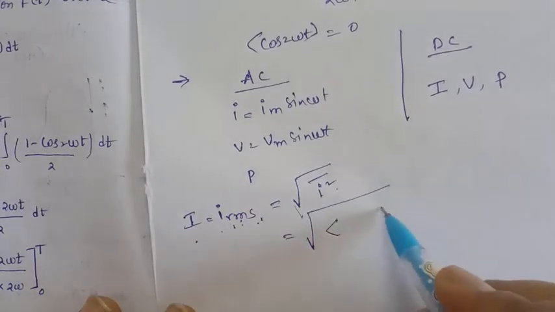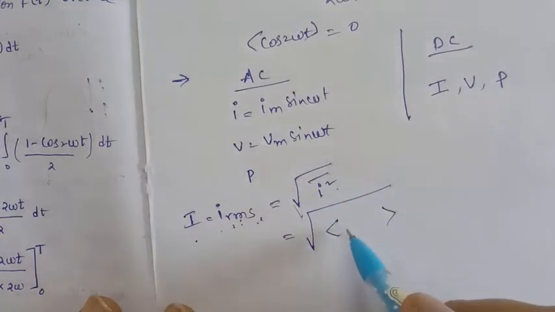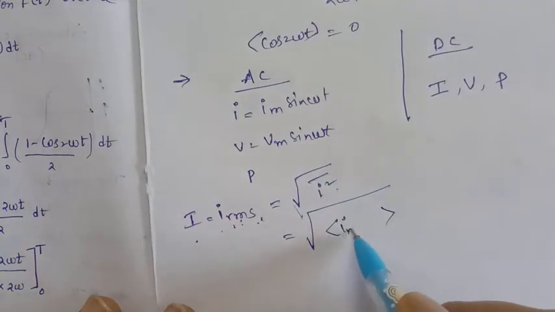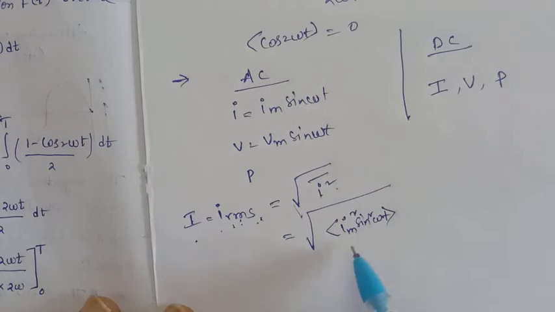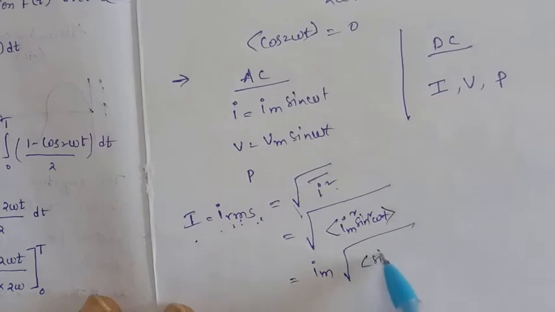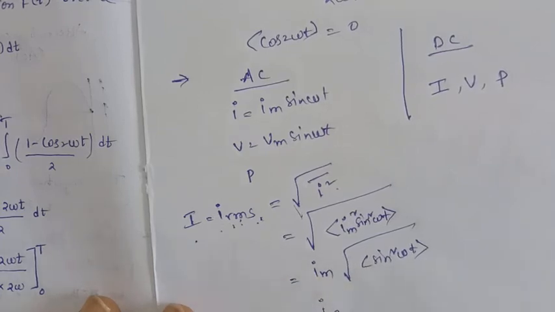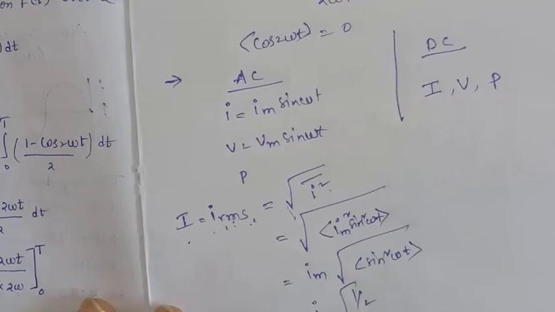Mean means the notation for average. I square means I is equal to Im, so Im square sine square omega t. Within the root, Im will be taken out, and it becomes Im times the root of the average value of sine square omega t. The average value of sine square omega t, already derived, is half. So root of 1 by 2, that is equal to Im by root 2.